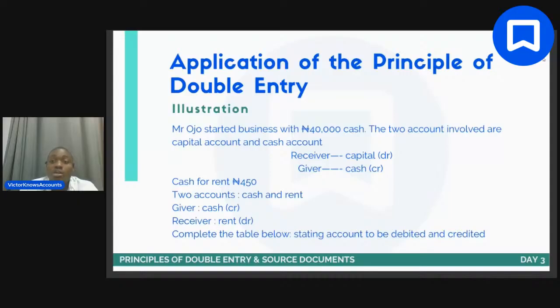But in this case, the two accounts involved are the capital account and the cash account. Who is the receiver? Capital.